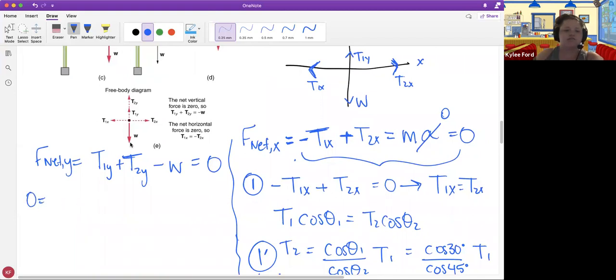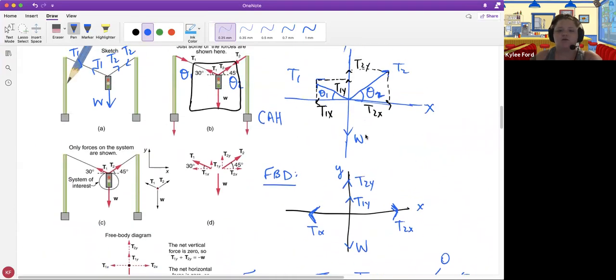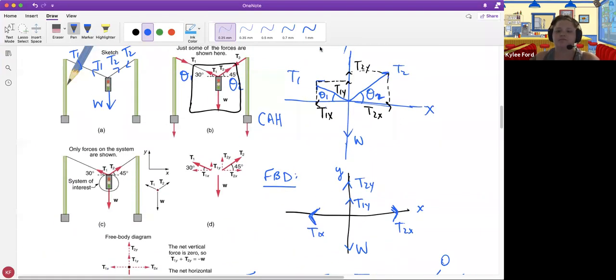So let's see. My T1y is going to be represented as T1 times sine theta 1. Remember our trigonometry here, okay? So we got our x value as being the cosine. Now we have to look at our y value.